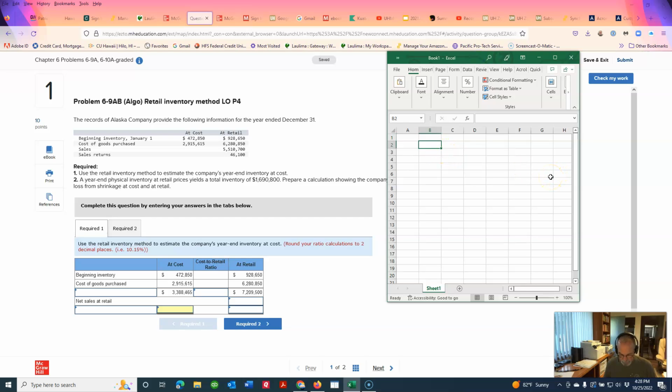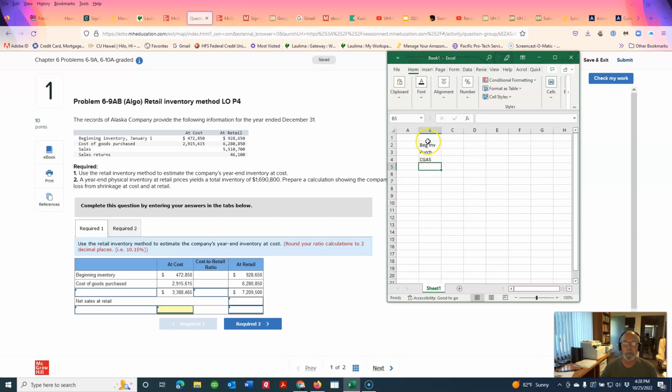If we start at the very beginning, equation-wise for inventory, our beginning inventory plus purchases would give us our cost of goods available for sale.